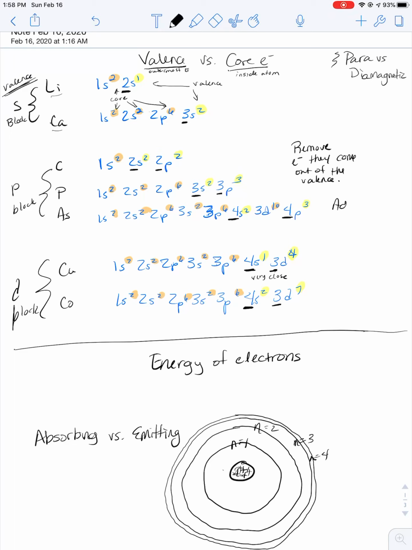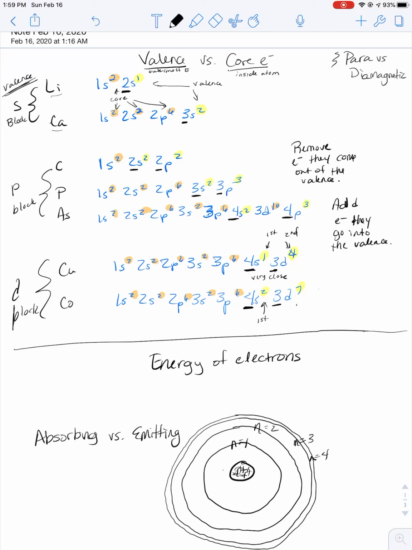And if you're going to add electrons, they go into the valence locations until they get full, and then they'll start the next energy level. So like for right here, the D block and the S block, those are both ones that are going to be losing electrons. So you lose here first, and then you lose from here.